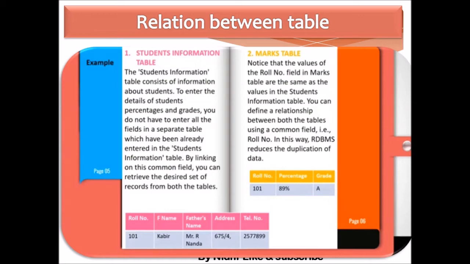And in the other table, marks, we have roll number, percentage and grade. These two tables have a common field, that is roll number. So these two tables are related to each other through this common field, and we can say they have a relationship between the tables. We can create a relationship like this by creating two tables with a common field.